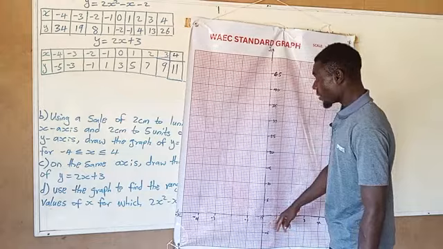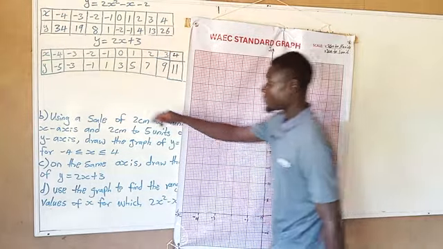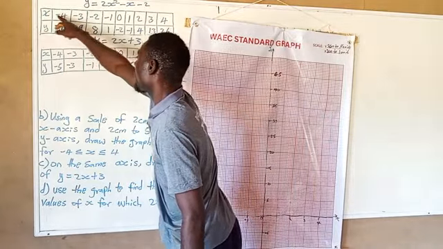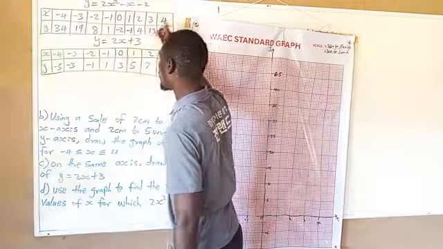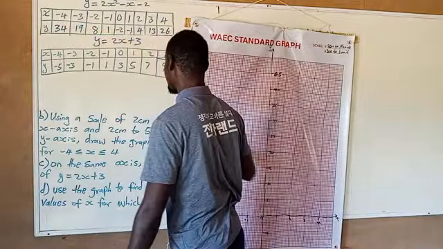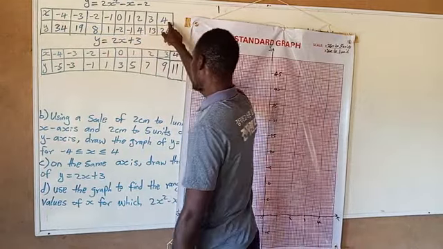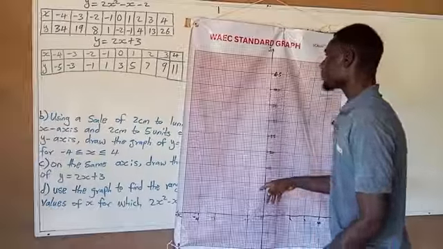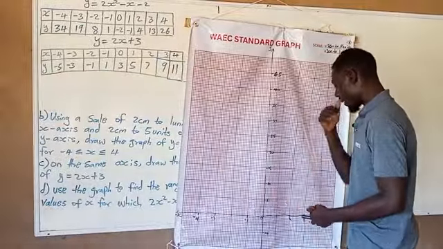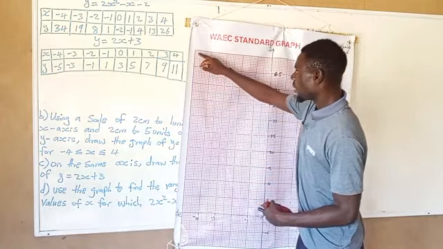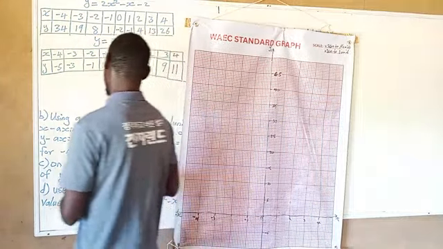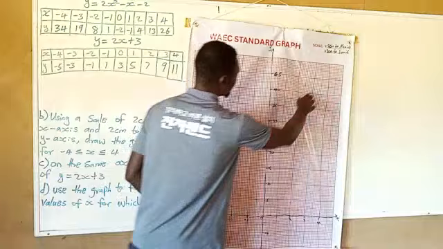If you check very well, the flow here is from minus 4 to plus 4. So minus 4 should enter this graph, which is the lowest, and plus 4 should enter this graph, which is the highest.